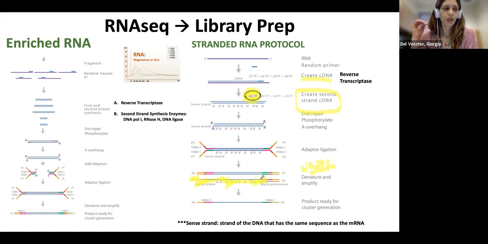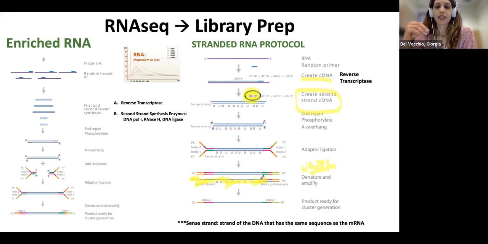Or, as I told you before, when we were talking about the DNA methylation and the bisulfite converted DNA, not all the polymerases are able to deal with a DNA that contains uracil.